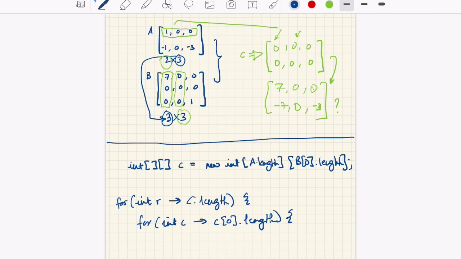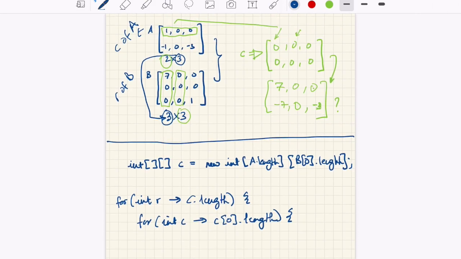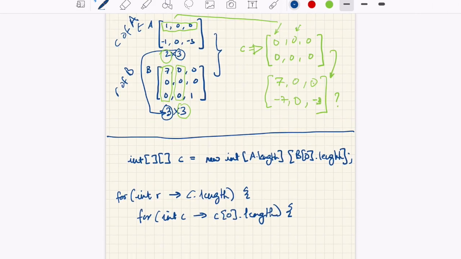Well, there was one key thing in the problem that it mentioned, saying that the columns of A will match the rows of B, right? That actually gives you your limit of how we need to navigate through the matrix.